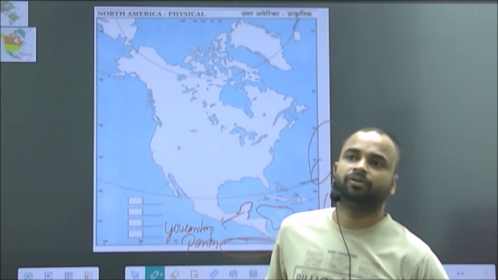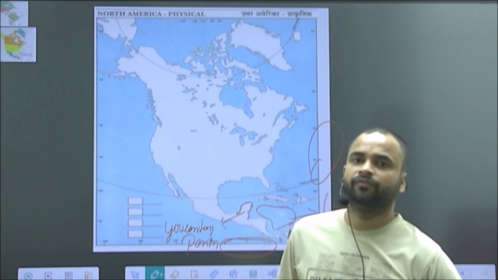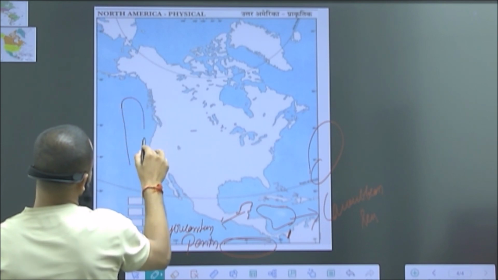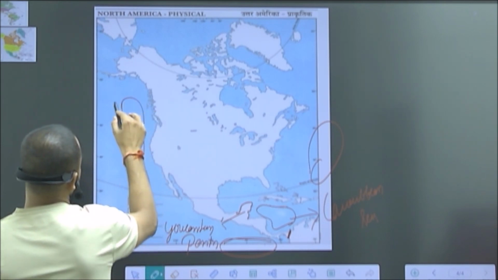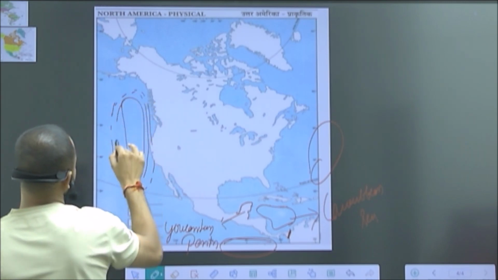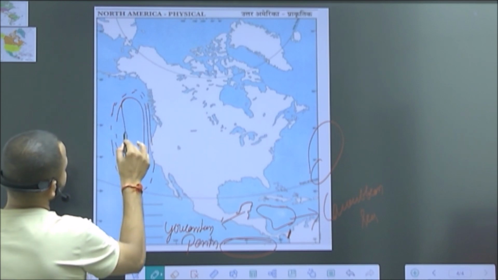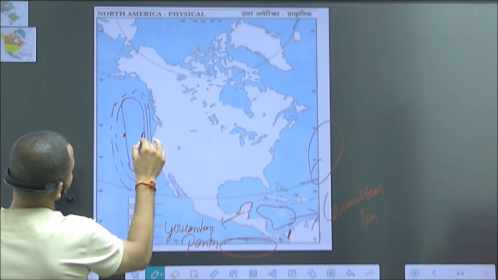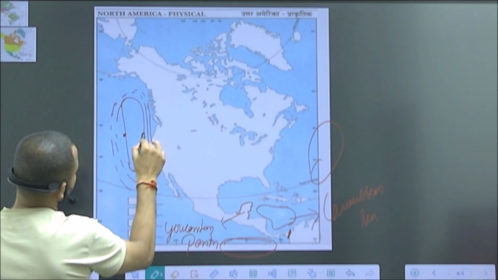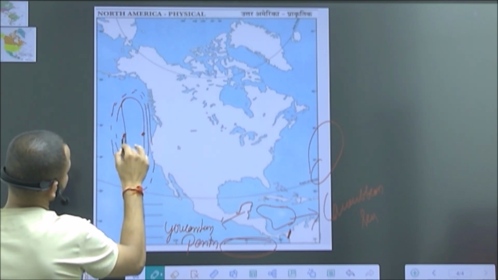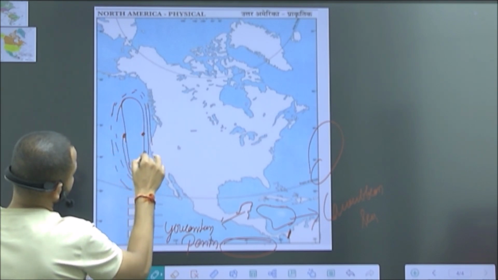But one important fact you should know: if there is land surrounded by water, any ship that is here and wants to go there will have to cover this whole distance.